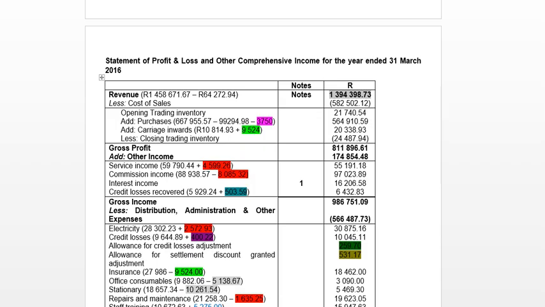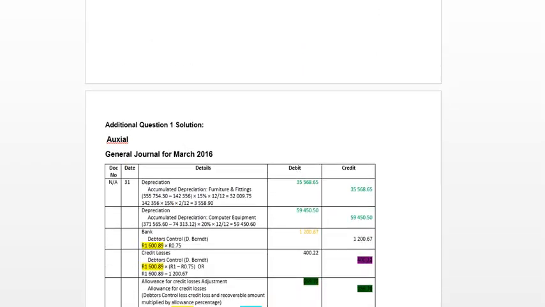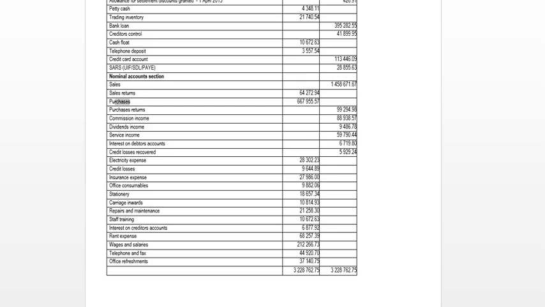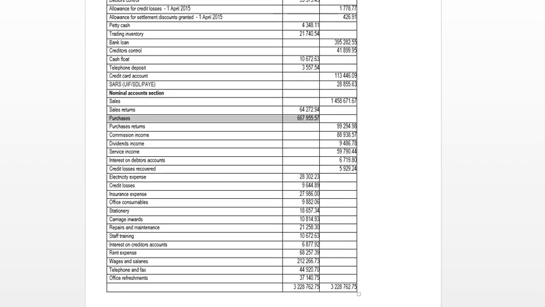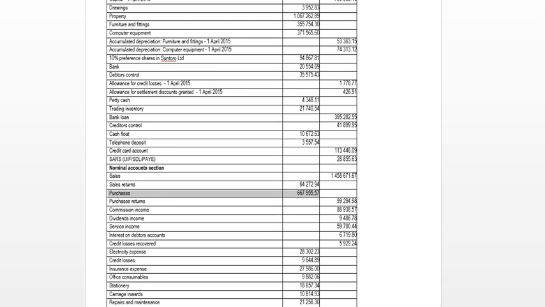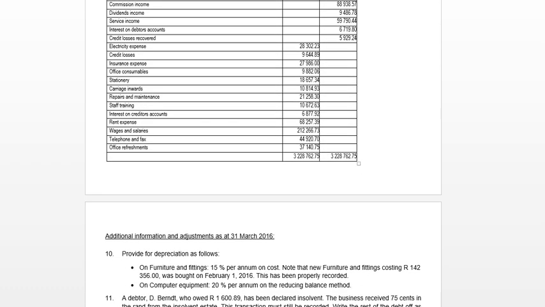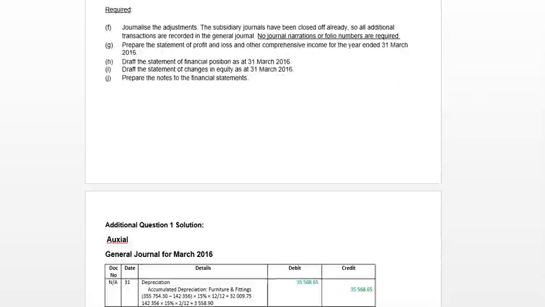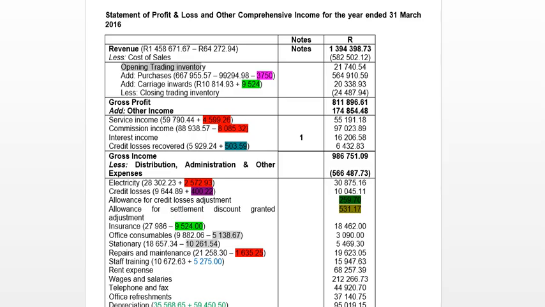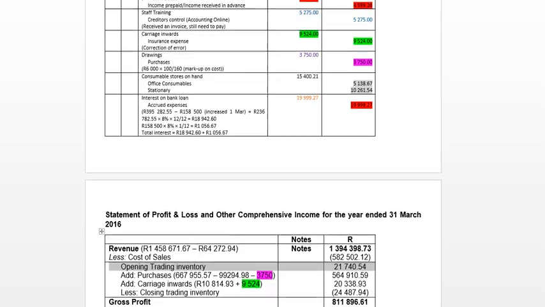Then from that we need to subtract our cost of sales. We're now dealing with the periodic inventory system. How do we know? Well, if there's a purchases account in your trial balance, then you know you're dealing with the periodic inventory system. If it says cost of sales, then it's going to be the perpetual inventory system. If it's the periodic inventory system, you need to determine your cost of sales. So you're going to take your opening trading inventory.